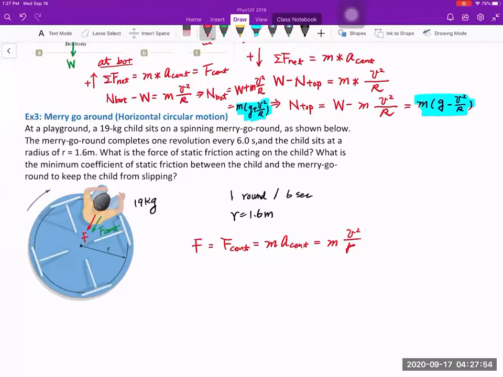And our v is the distance over time. How much time does it take for 1 round? It's 6 seconds. But how much distance did it go for 1 round? One round is equal to 2 pi times r. That's the distance if you are at the edge. And so you can figure out the velocity in this way, then you can solve this problem.